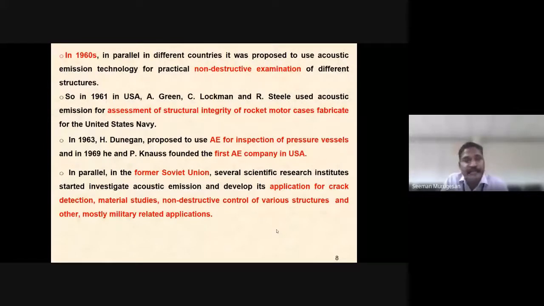In 1963, AE was used for the inspection of pressure vessels, and the first AE company was started in the USA in 1969. In parallel, in the former Soviet Union, several scientific research institutes applied it for crack detection, material studies, and non-destructive control of various structures, mostly in military-related applications.